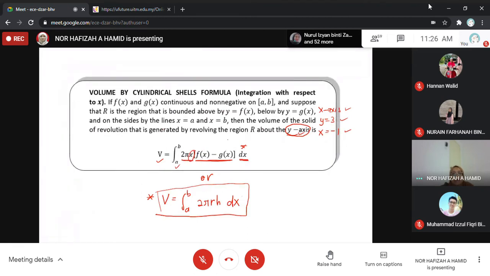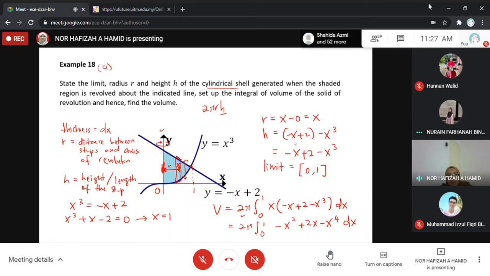Okay, sebab yang akan x tu memang kekal lah x. Yang akan berubah nanti f(x) minus g(x) ni je, refer pada dia function. Okay, yang ni maknanya kalau dia revolve at the y je lah. So y-axis maknanya you terus assume r as x. Okay, so ini untuk first formula, untuk cylindrical shell method when the axis of revolution is at the y.